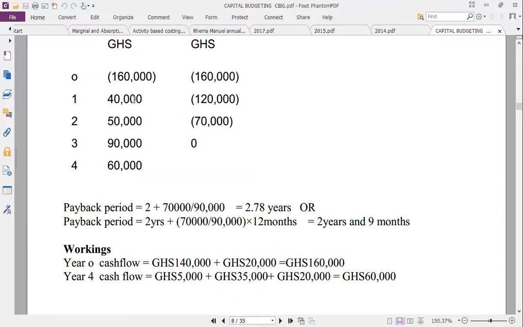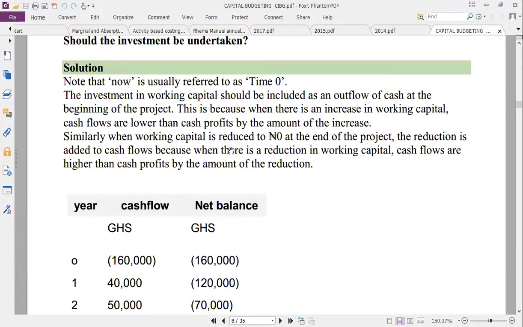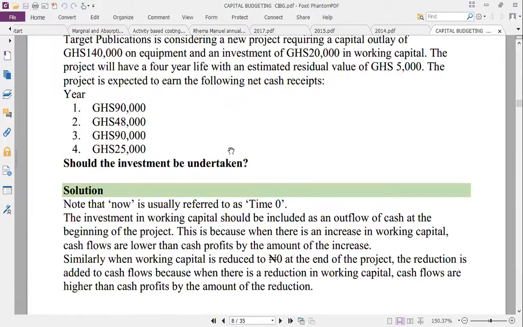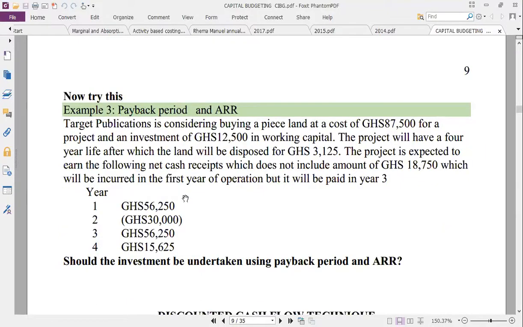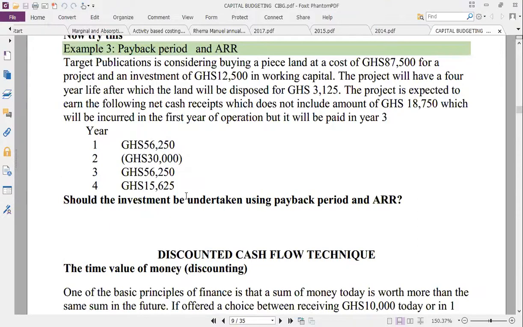This cash flows 40, 50, 90, 30. Okay, good. But there have been changes in the cash flows which are not reflected in the question. Thank God. Now let's see. So this one is a trial still pending.